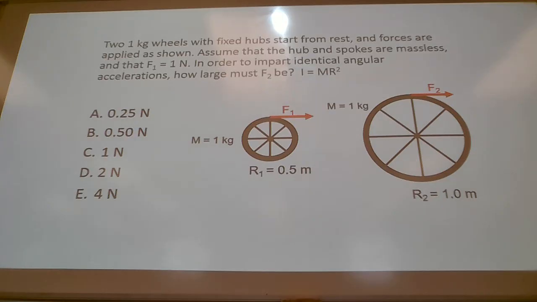Correct answer, or tell your neighbor. What do you think? D. Solve this. So F1 times 0.5 is equal to 1 times 0.5 squared.